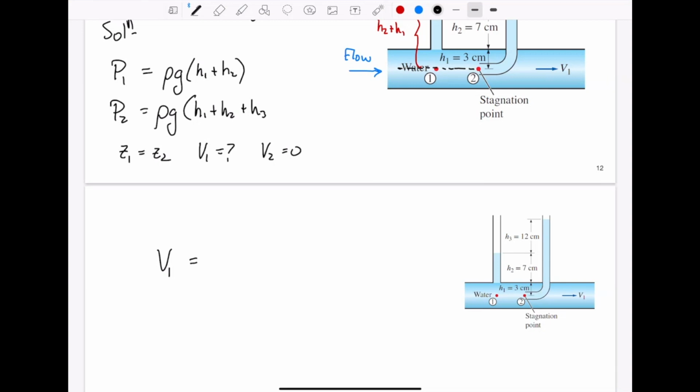v1 is equal to the square root of 2 times (P2 minus P1) divided by rho.